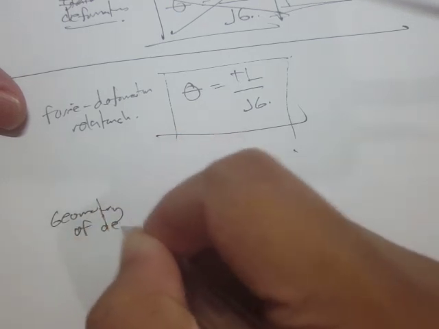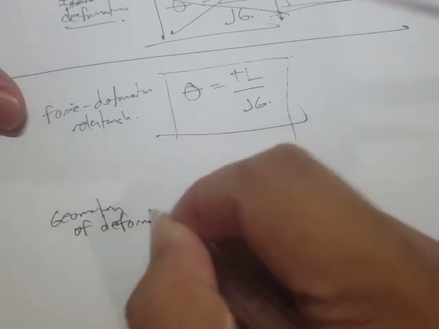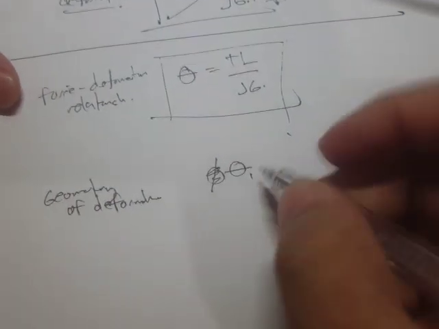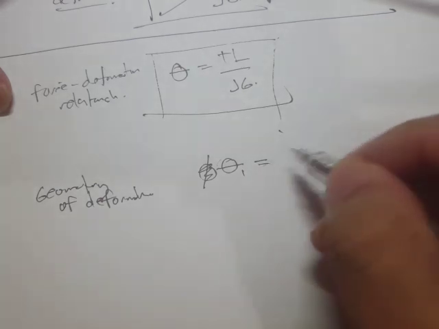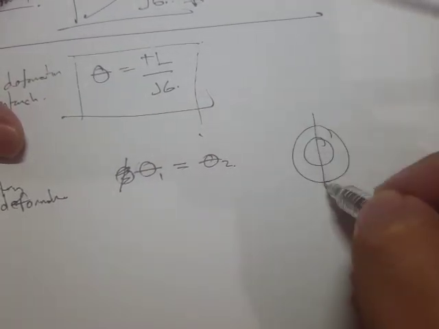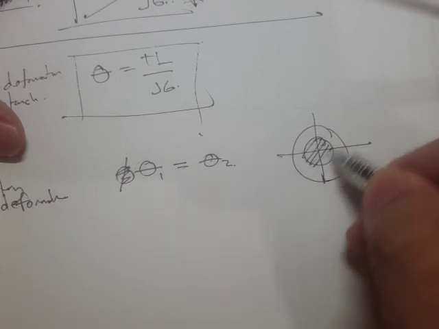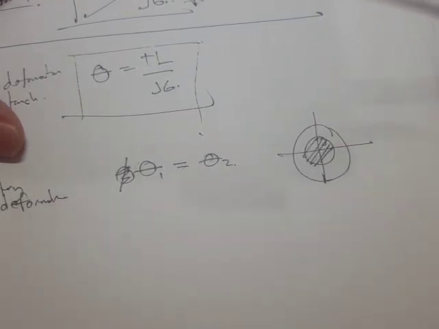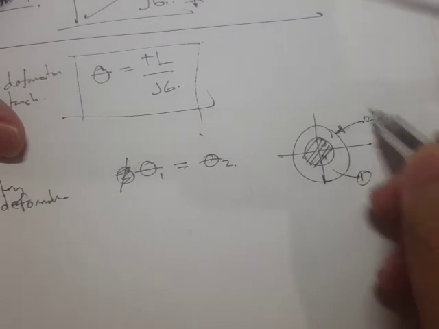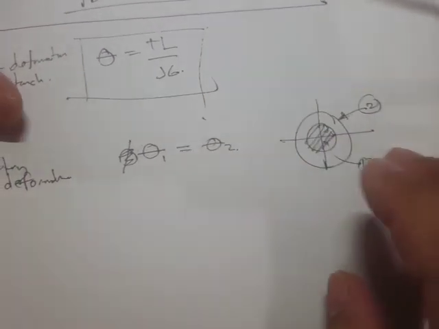So depending upon our problems, we can have something like this: deformation of 1 is equal to deformation of 2 if we have coaxial torsion members, right? So we have one material right here and another material at the outside.